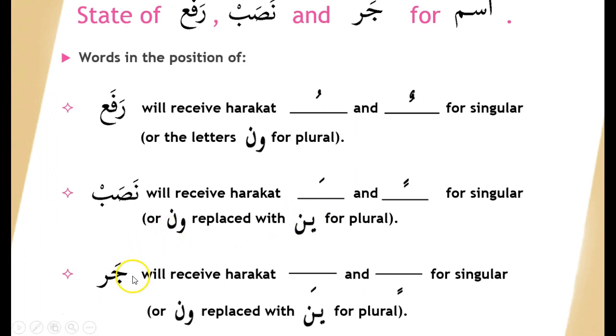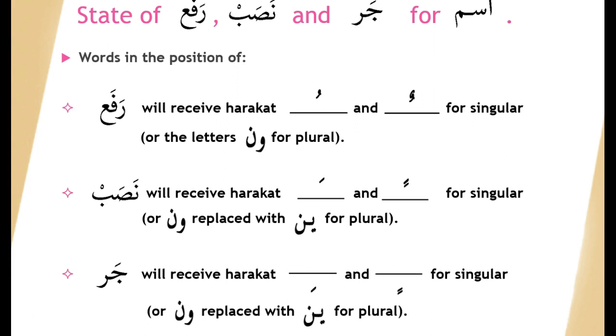Same goes for jar. Jar will receive the harakat for singular, a kasra or kasratain, and for plural, waw nun will be replaced with ya nun. Meaning for nasab and jar of plural isim, it will be represented by ya nun instead of waw nun.